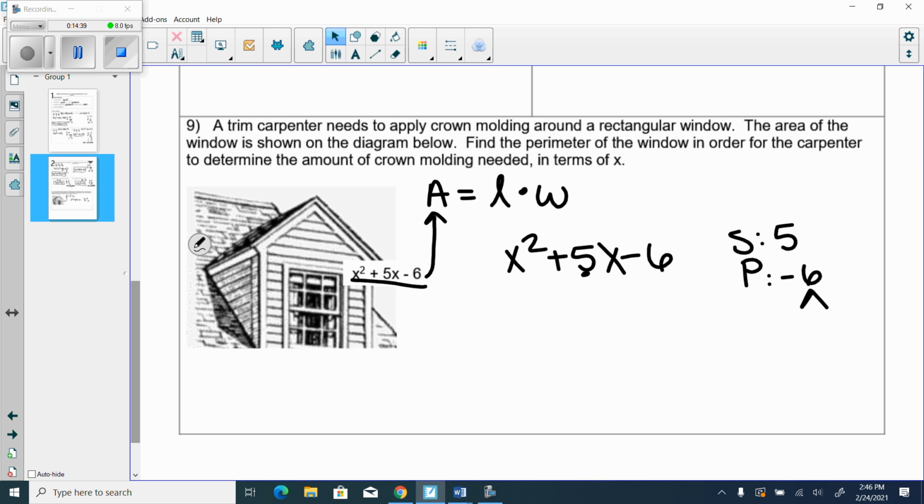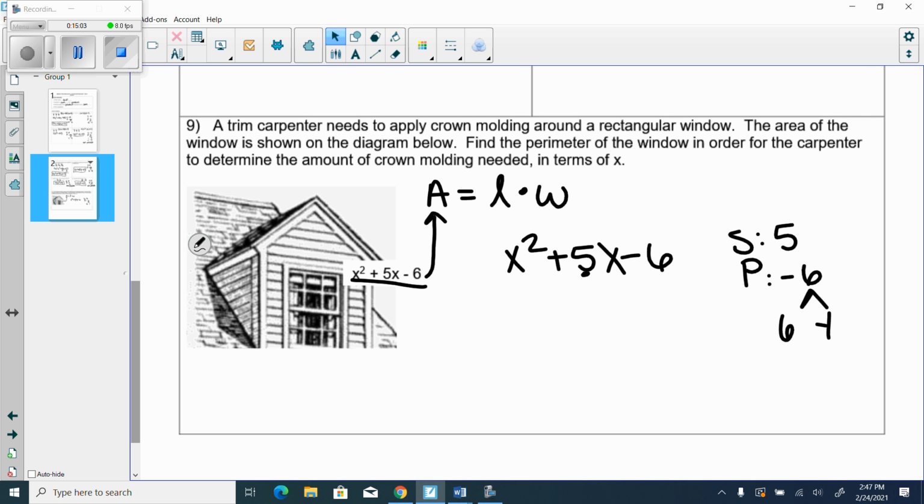So it has to multiply to give us negative 6 and add to give us 5. 2 and 3. So 2 times 3 would give me 6, but 2 plus 3 is 5, and I need negative 6. That would be negative 1.